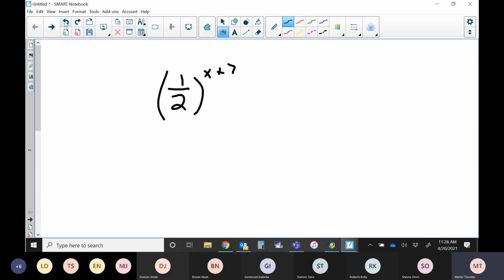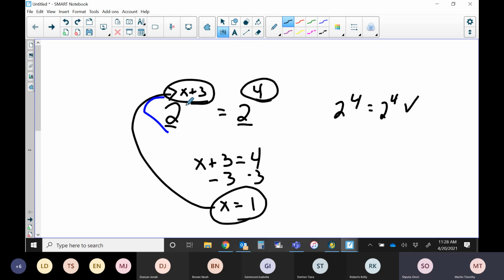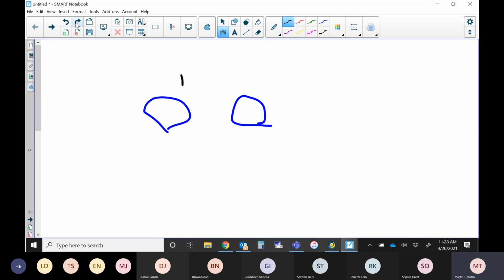The base is different. Yeah, from here, I gave you both bases were 2. When I wrote this one, both bases aren't 2. So we got to learn how to deal with that.